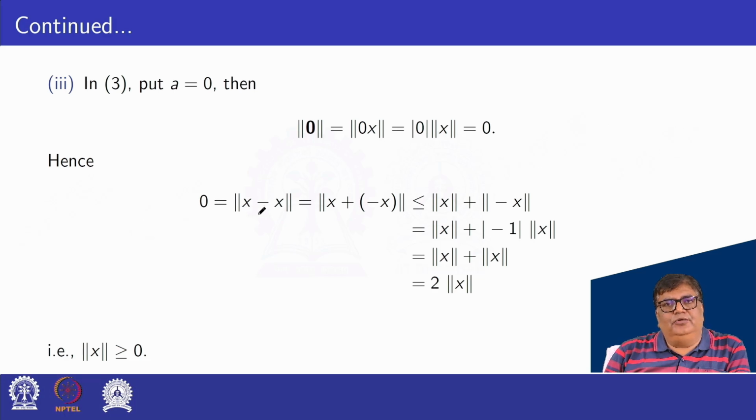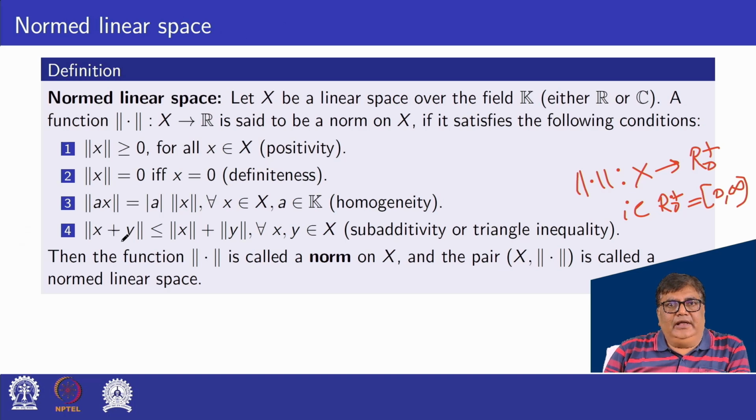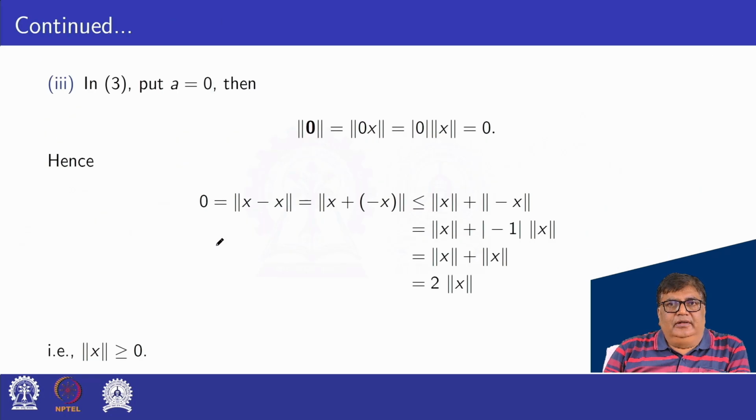0 is equal to ‖x − x‖. We can write this as x plus y, so putting y equal to −x, this can be written as ‖x + (−x)‖, which is less than or equal to, applying the fourth property, ‖x‖ plus ‖−x‖.